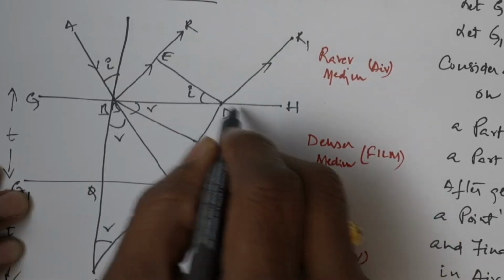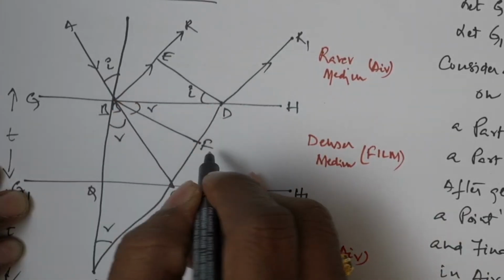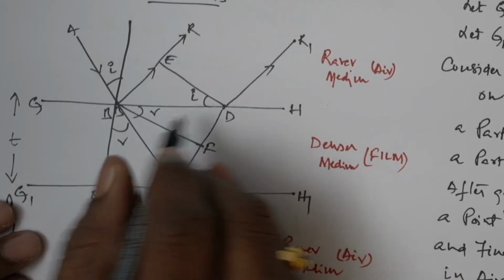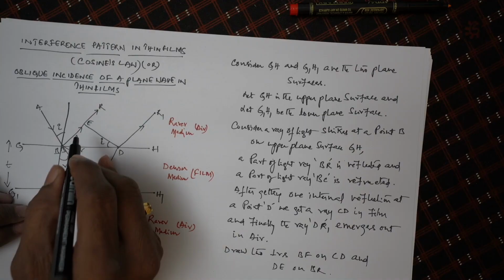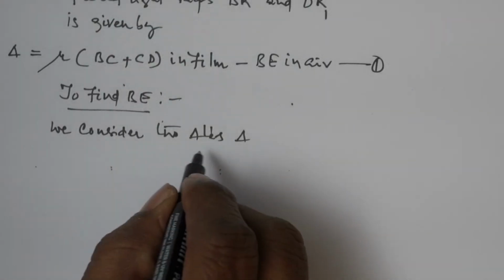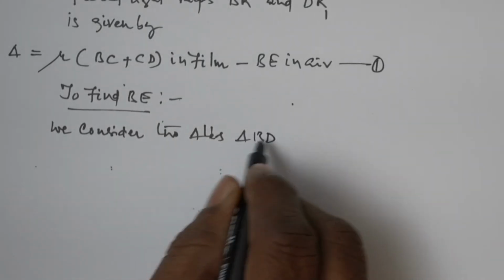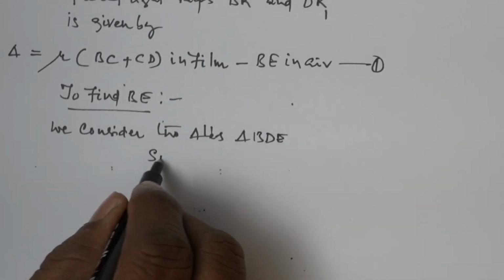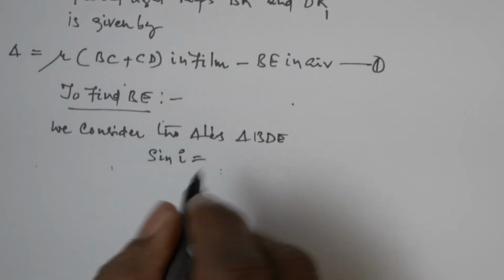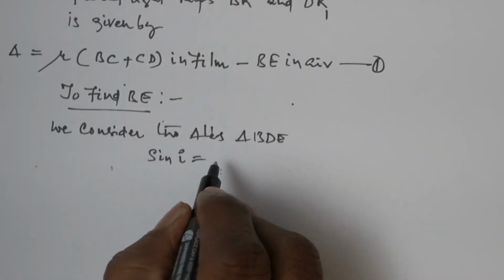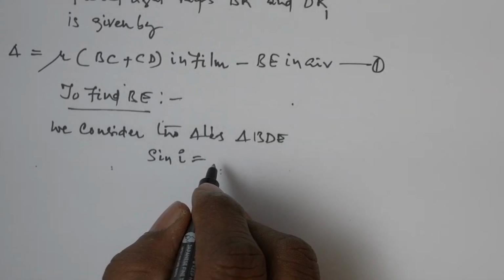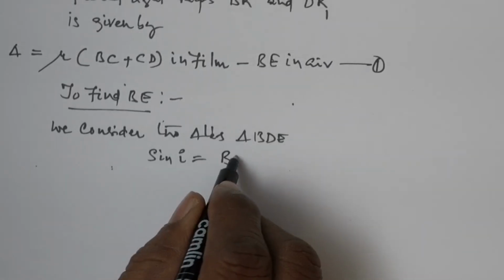From triangle BDE and from triangle DBF, these two triangles we have to take here. From triangle BDE, sin I we know is opposite side by hypotenuse. Therefore, I can write it as BE by BD.